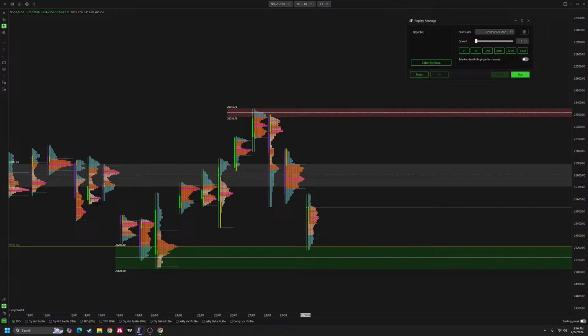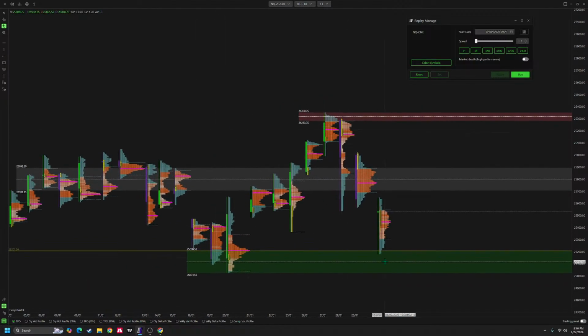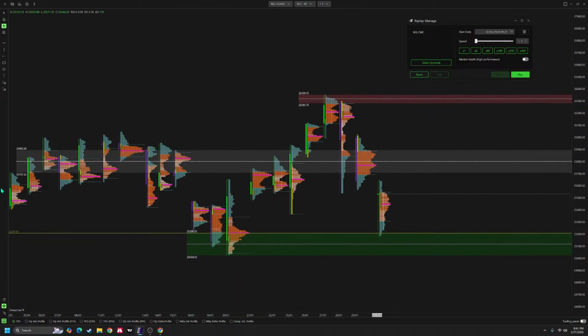So that is my bias. I think it would be for us either to reject from this area right here, right now, because I don't have more than the 30 days of data up here, or maybe clean this low, maybe tap into something down here from the left before returning back to the point of control.